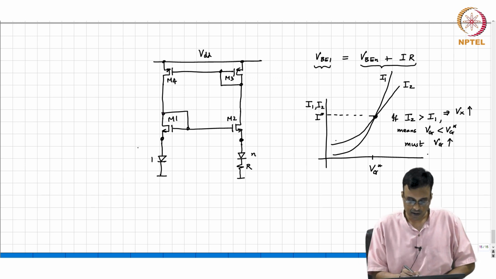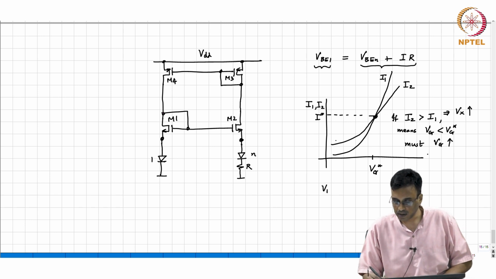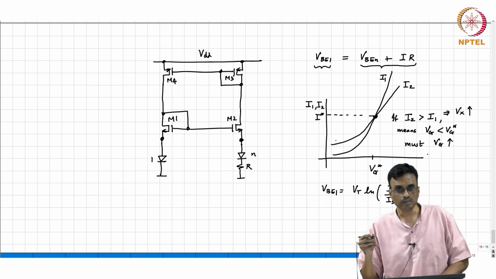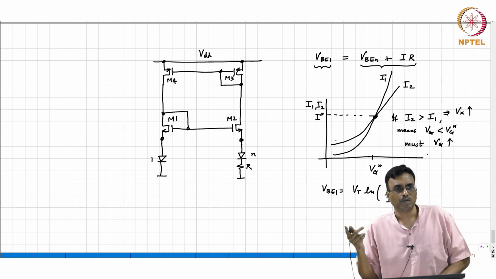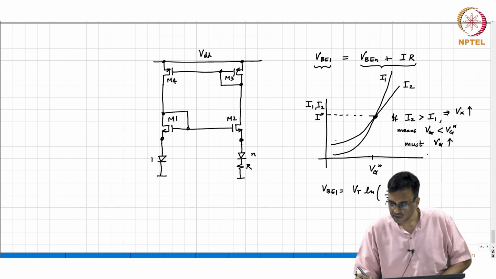Okay. Remember that the voltage VB1 is VT ln(I/IS) only if I is much larger than IS, right. But the true equation is VT ln(1 + I/IS).